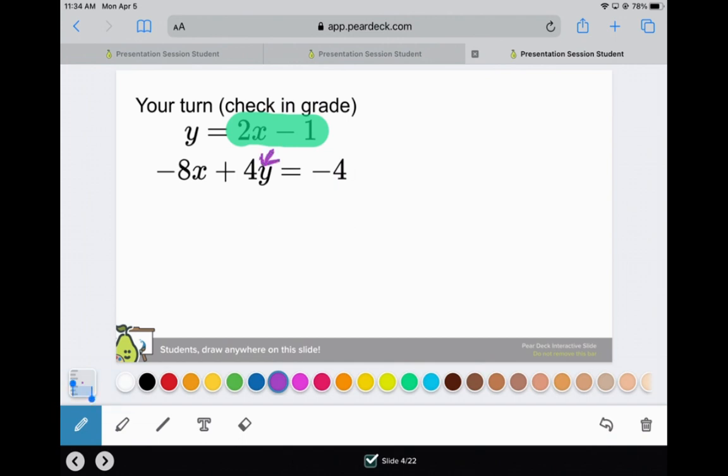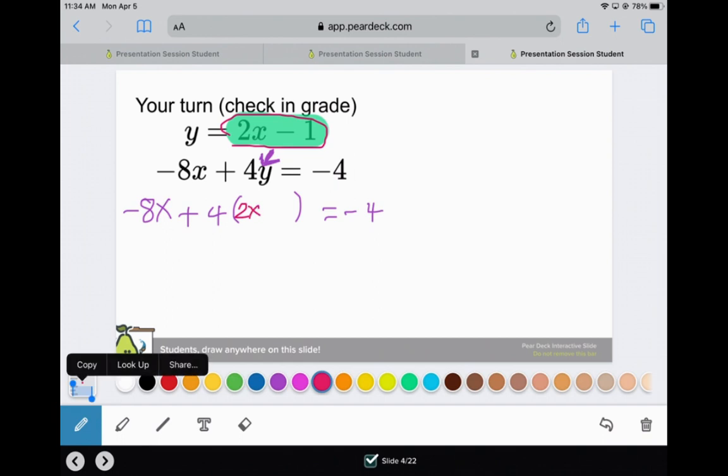I will plug it into a different letter than the one it's solved for, so I replace the x with the y. So negative 4x plus 4, instead of y, now I've replaced it with that, right? So 2x minus 1. Okay. So negative 8 plus distribution, that would be 8x minus 4.